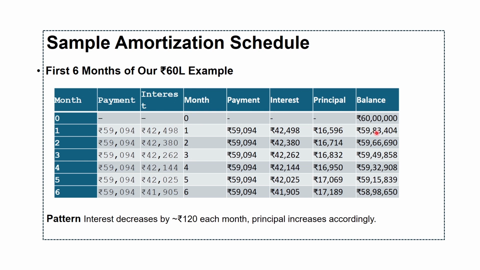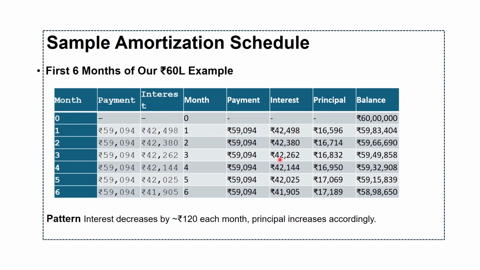And then in month 2, interest drops, we can see that it is 42,380, and the principal amount is also increasing, and that is how the trajectory is going on.